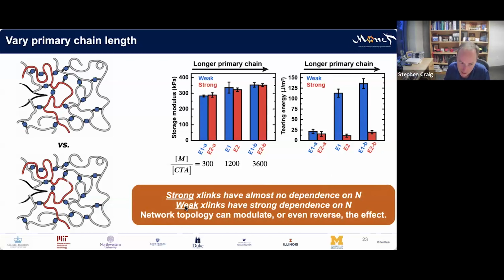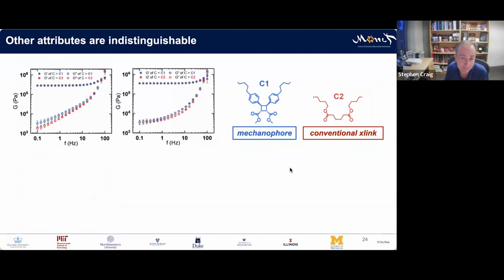So the big take-home message here, and one we continue to pursue within the center, is that the very details of topology, and I know you're a group that likes to think about topology on different levels and in different contexts, right? That can have a huge impact on modulating and even reversing the effect of incorporating mechanophores, whether they make the material stronger or weaker, and just how much they do that.